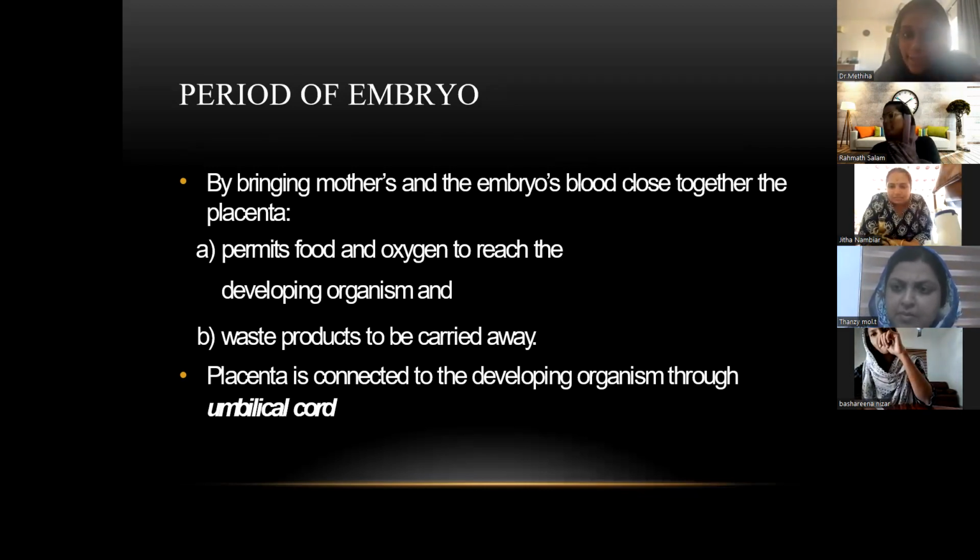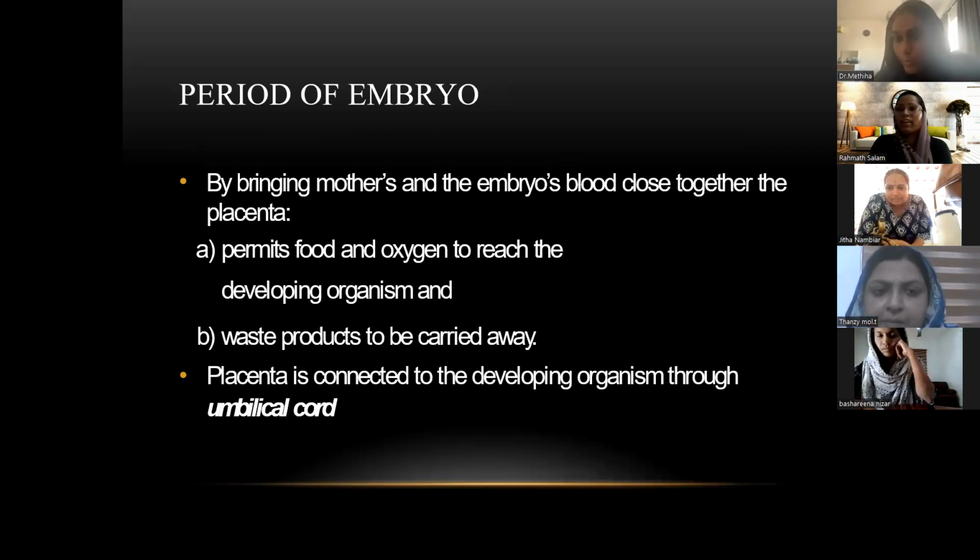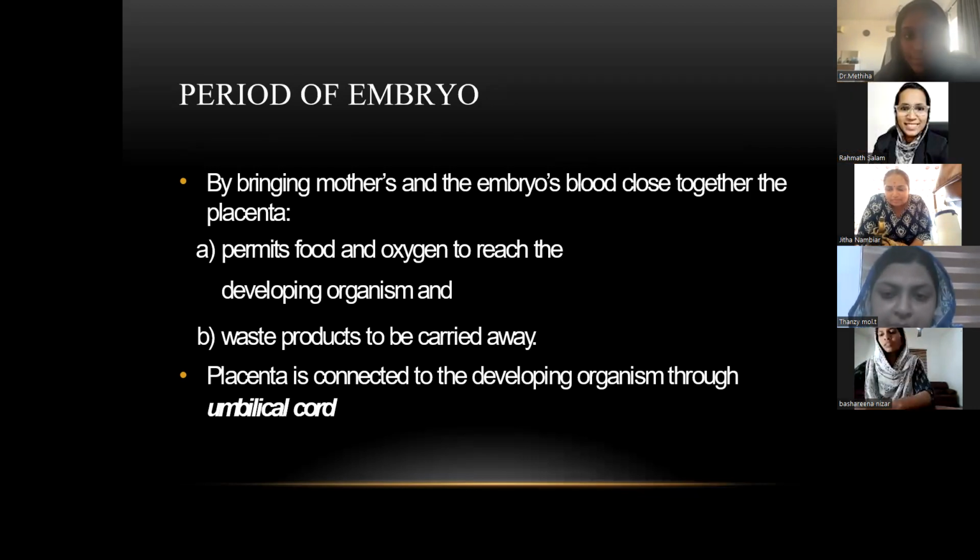So again, we are continuing with the period of the embryo. By bringing the mother's and the embryo's blood close together, the embryo and the uterine wall are connected now. This connection permits food and oxygen to reach the developing baby.